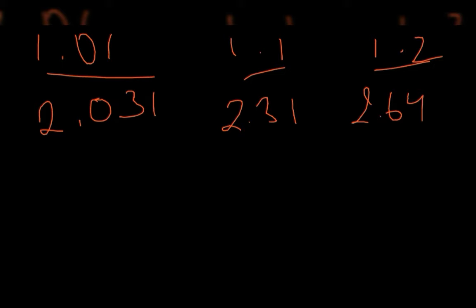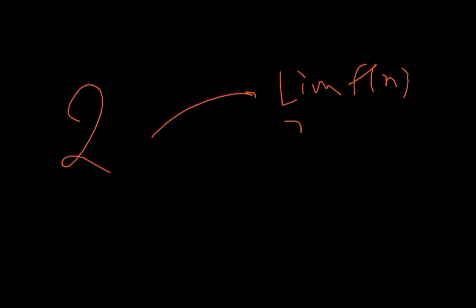But for basics you need to do it like this. So it is also going towards 2. So I can say the limit is nothing but 2. 2 is the limit of this function where x tends to 1.